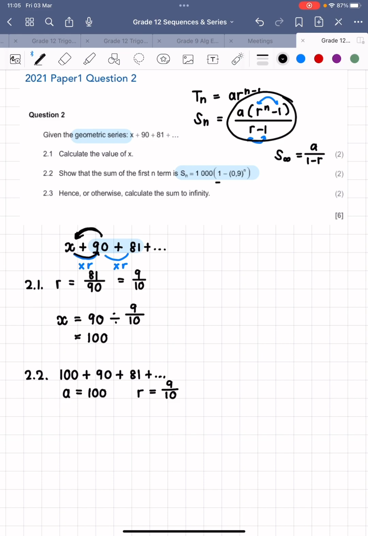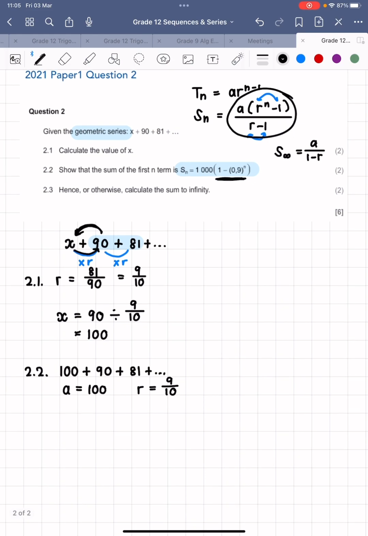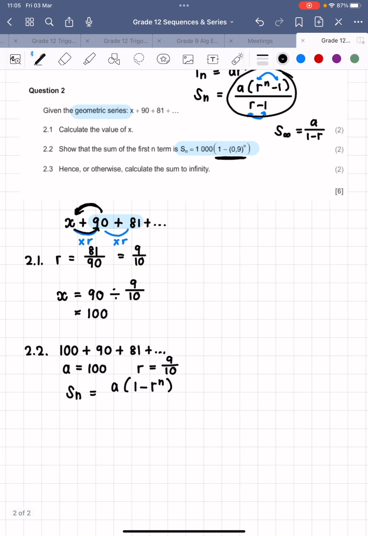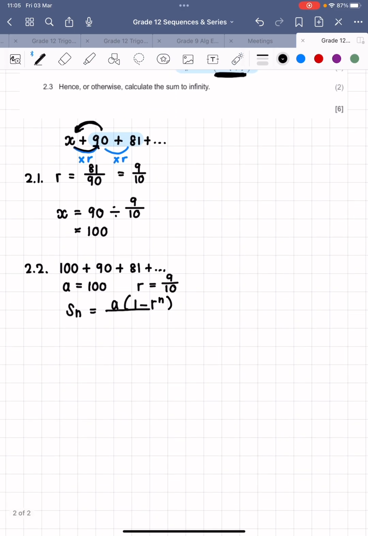Okay, and then we are going to use our SN formula over here. Now, if we are looking at this, I am actually seeing that in my bracket, I have 1 minus my ratio to the power of n. So I am in fact going to use the other form of this SN formula, which I will write down for you. I'm going to use the form where we do 1 minus r to the n, simply because that is what I'm having to prove in this question. And that will then be over 1 minus r.